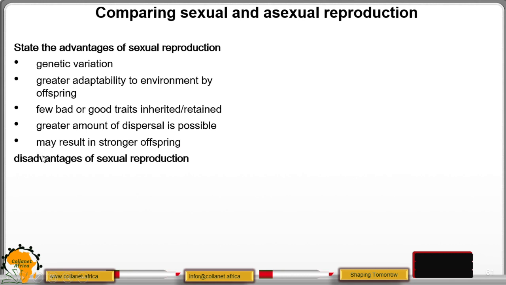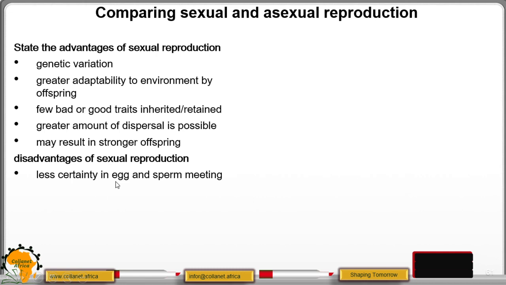Then sexual reproduction is also disadvantageous. How? There is less certainty in egg and sperm meeting. The chances are less. For instance, we said in human beings, there are millions of sperm being produced. Only one that will break the membrane of the egg will fertilize. So the rest die.